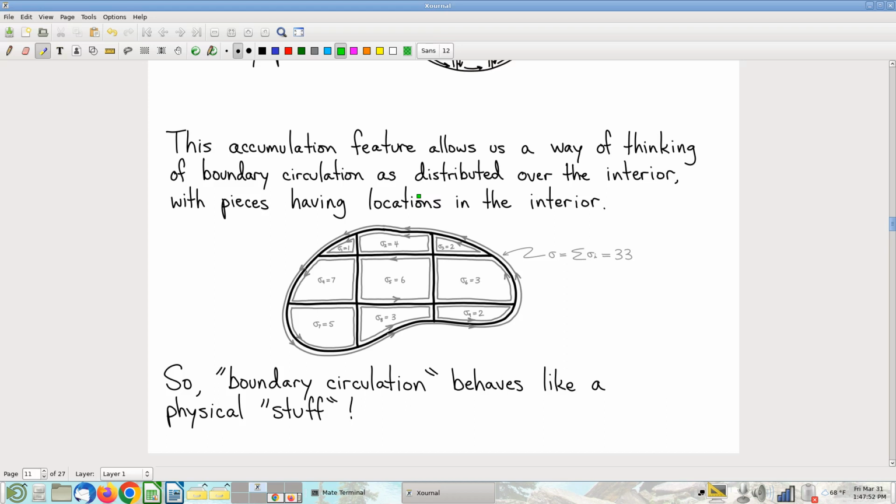But I want us to think about boundary circulation in particular. Like all other accumulating quantities, I want to think of them as being distributed over the area, even though we actually compute them on the boundary. That's a distraction, that's a red herring. What we're really interested in is the fact that they accumulate over area. Therefore, I want to think of it as a quantity that's distributed over area.